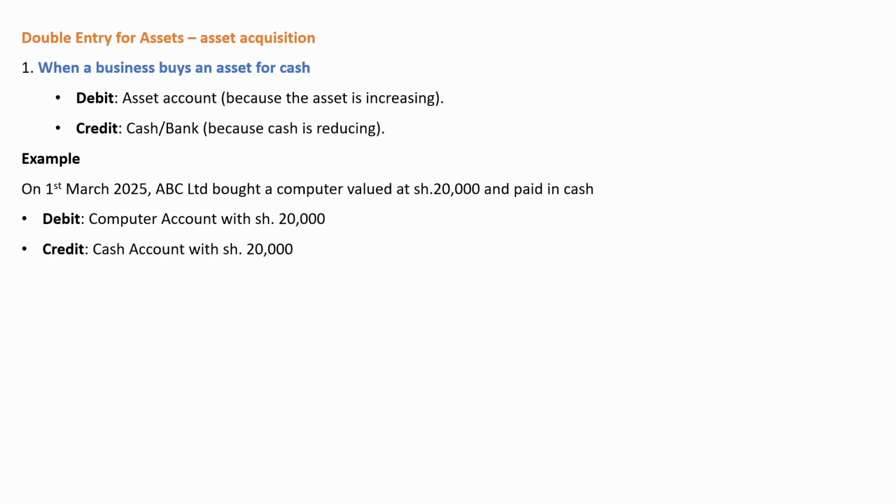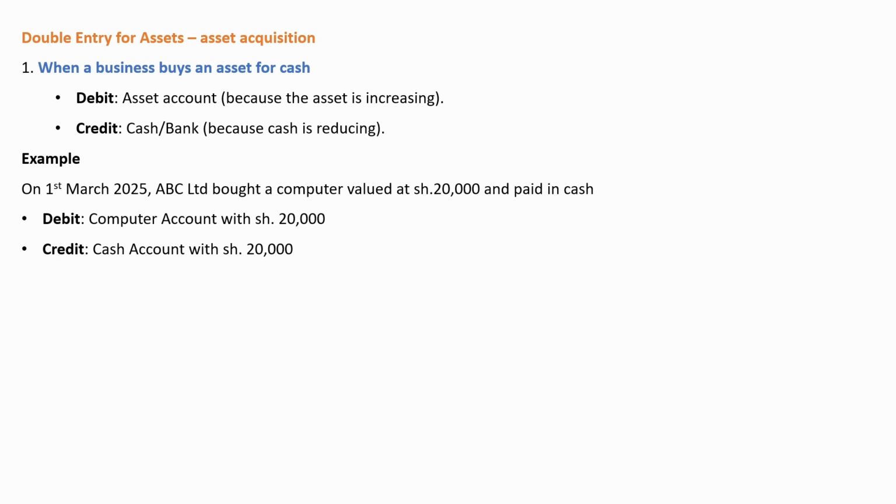In this case, you will find that there are two assets involved. The asset you are buying, let's say you are buying a computer, that is an asset. The asset has increased. The cash you are using to buy the computer is also an asset, but cash is decreasing. So one asset has increased, the other asset has decreased.